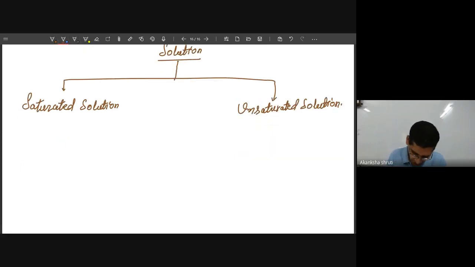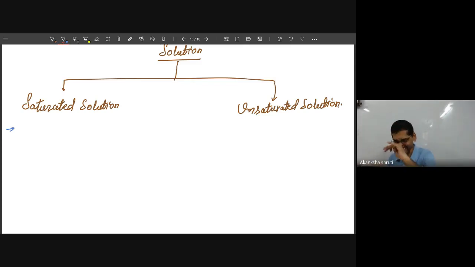Students, saturated solutions are those which have already dissolved the maximum amount of solute that they can. If we add a further amount of solute, it will not dissolve, but rather remain in the solution or settle at the bottom.